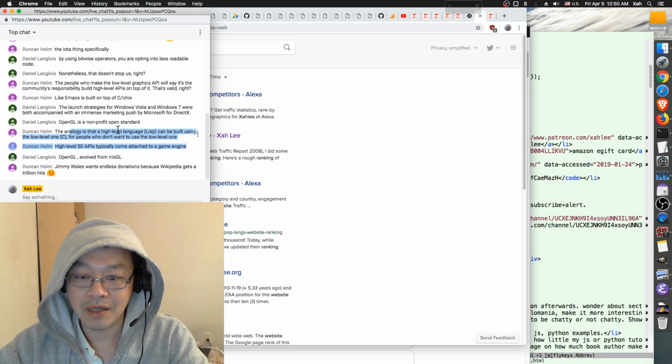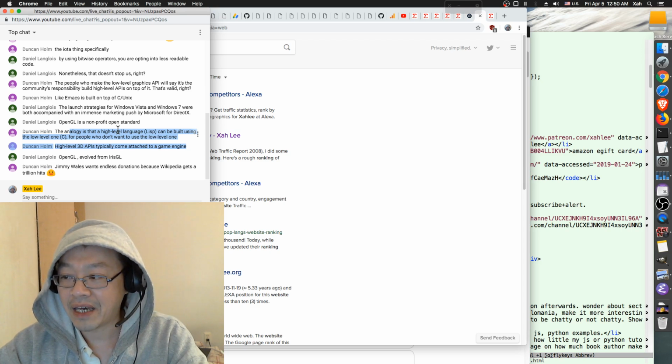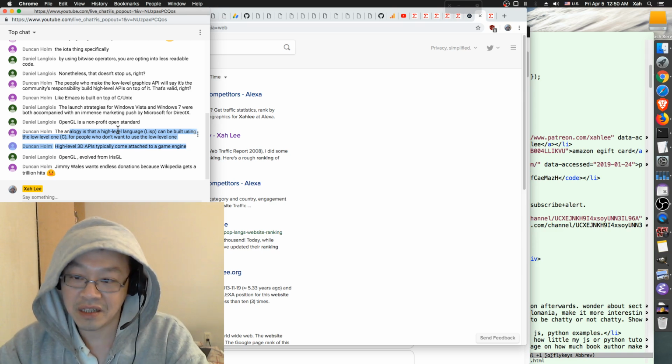I disagree. Then he says high-level 3D APIs typically come attached to a game engine. Yeah, well, you can say that, but I don't agree.